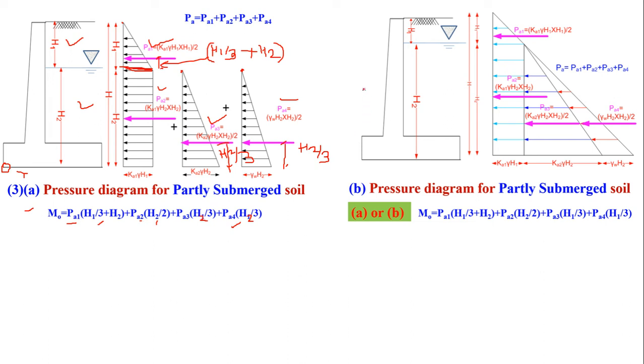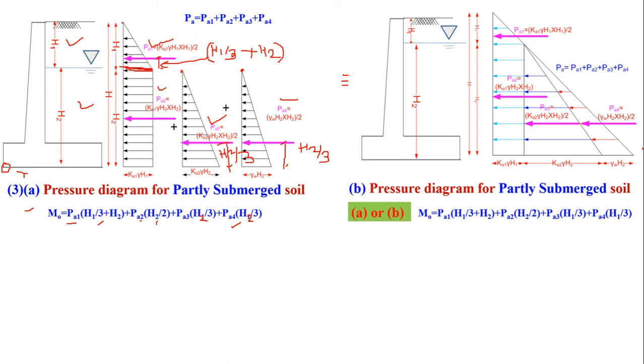This is similar to the earlier method, except that instead of dividing into different areas, we take the area together. The faint blue line shows the pressure distribution diagram for the upper soil, the blue lines represent the diagram for the lower layer soil, and the red color shows the pressure distribution diagram for water.